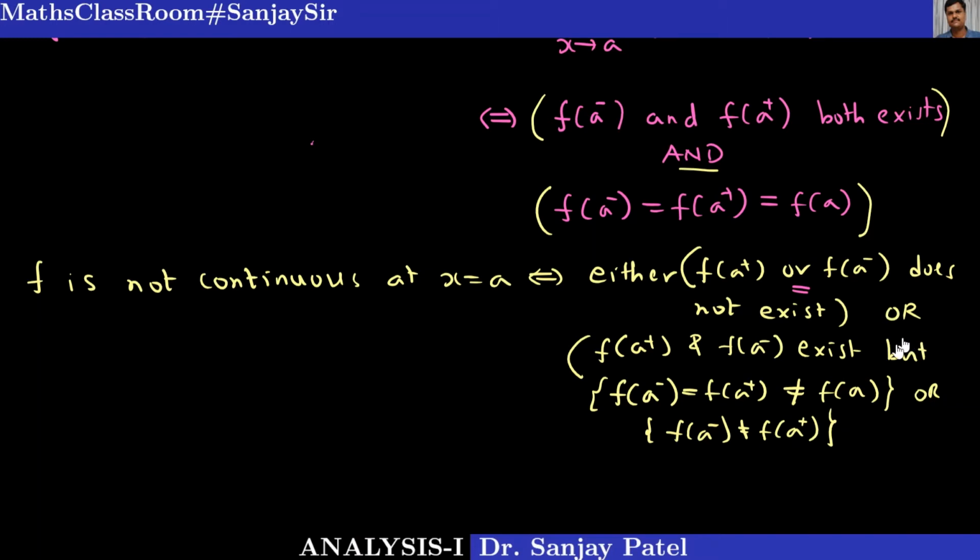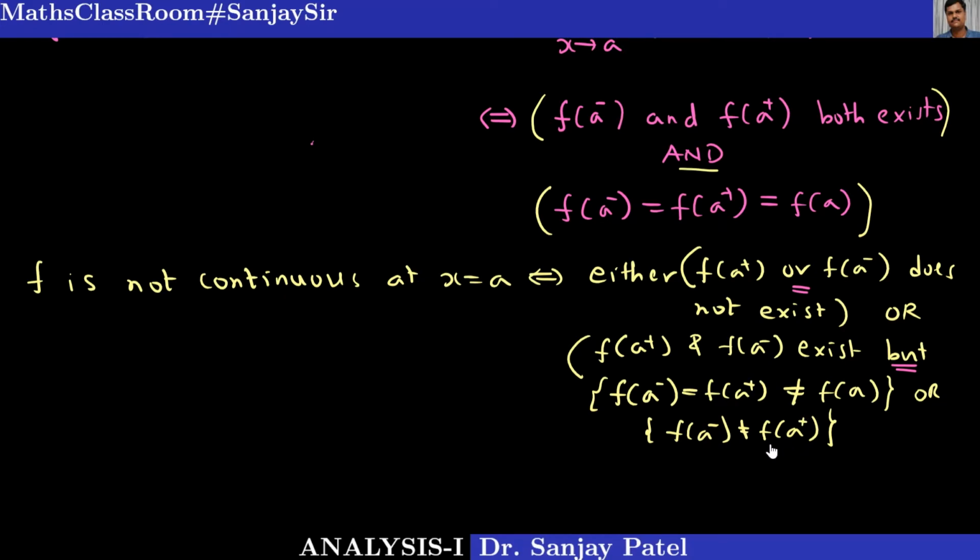Or this will happen: either f of a plus and f of a minus both exist, but one of these holds. That is either f of a minus and f of a plus, left limit and right limit, are equal but they are not equal to the value of the function, in which case the limit exists but it is not equal to f of a, or f of a minus is not equal to f of a plus.